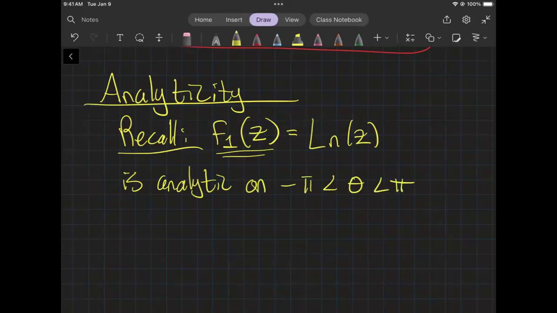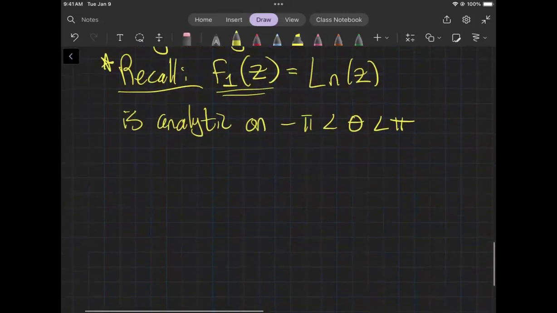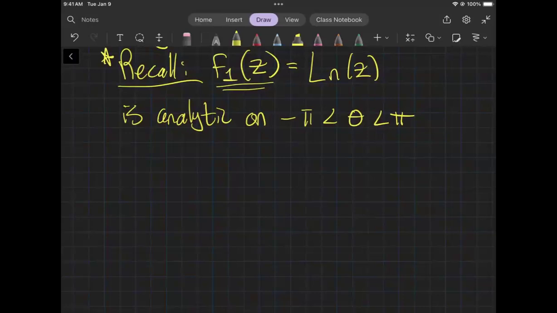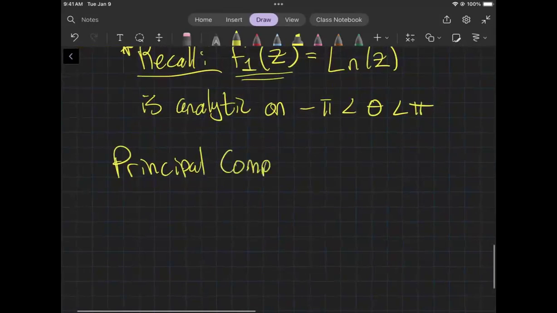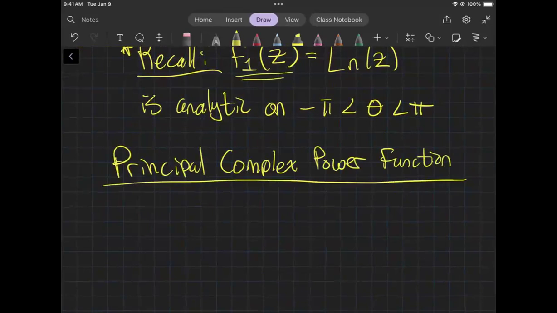So we're going to incorporate this principal logarithm function into the complex power, right? They label this as f1 of z, and this is defined as e to the alpha times the principal logarithm of z, right?